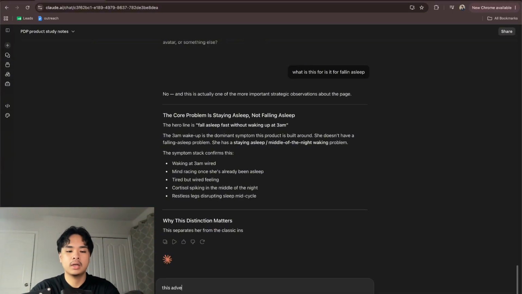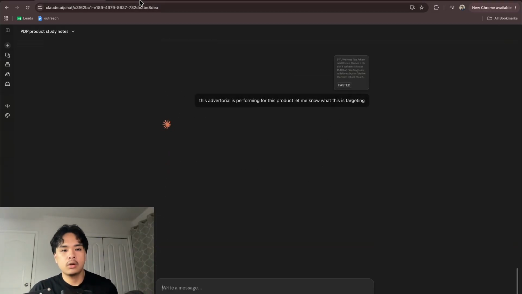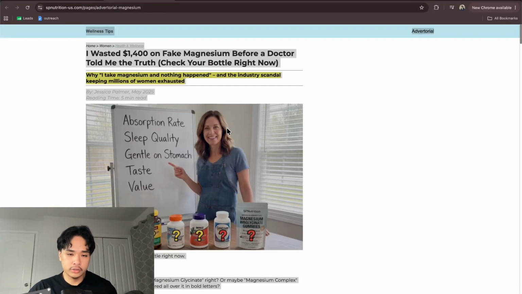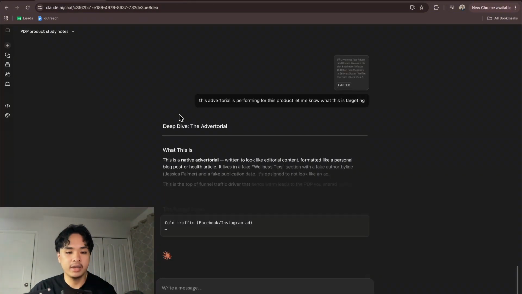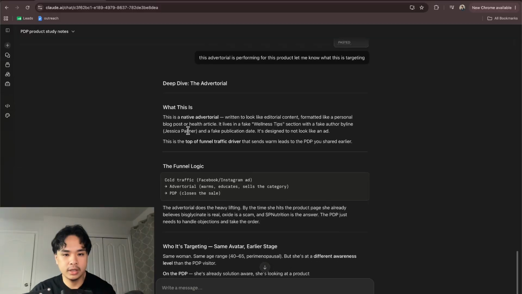So this advertorial is performing for this product. Let me know what this is targeting. So you want to just straight up copy the copy and then just have it model off of the winning page. So deep dive into the advertorial.